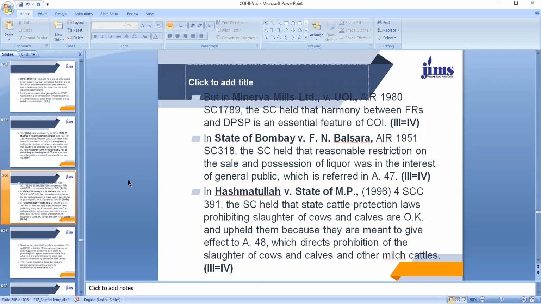In UP also we have anti-slaughter acts. All states have laws prohibiting slaughter of cows and calves. These are again okay in view of directive principles of state policy written in Article 48. Result of this judgment is again 3=4. Fundamental rights and directive principles are equal to each other.